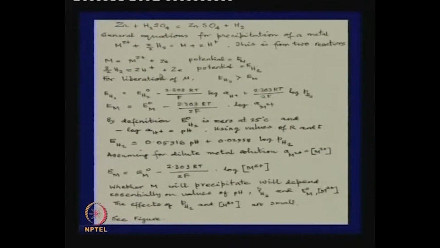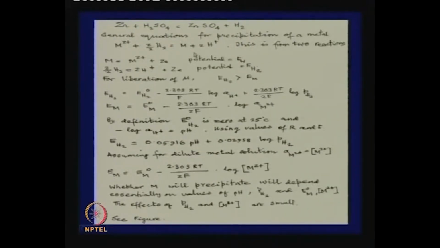Now, suppose we have in the solution nickel ions, cobalt ions. Can we precipitate them out as a metal by hydrogen? Normally, if the metal is not very reactive, obviously the metal ion will not react to generate hydrogen.